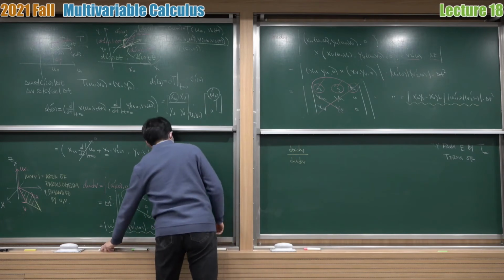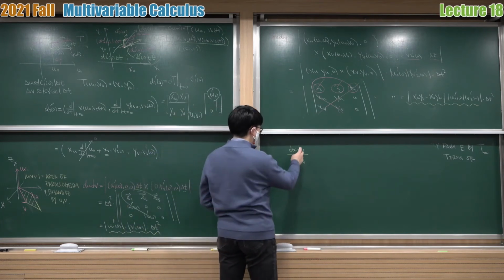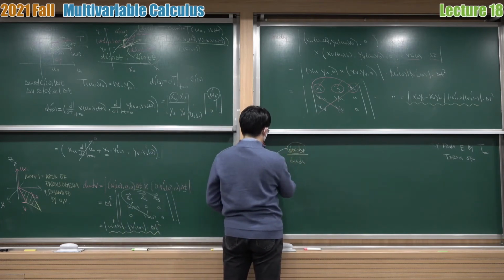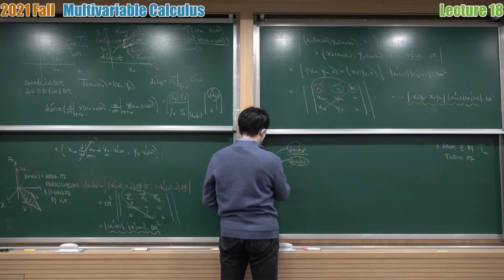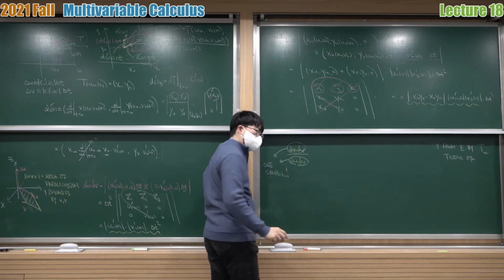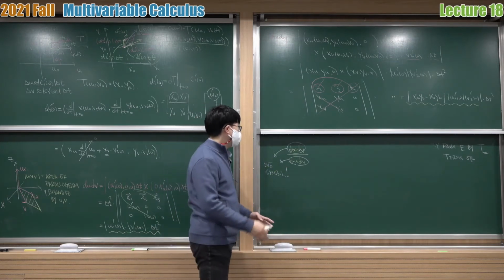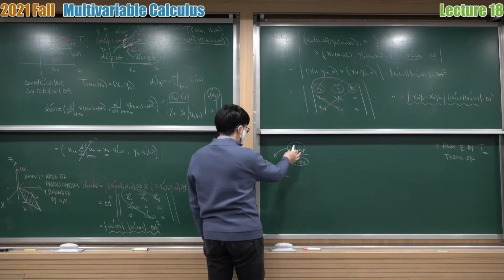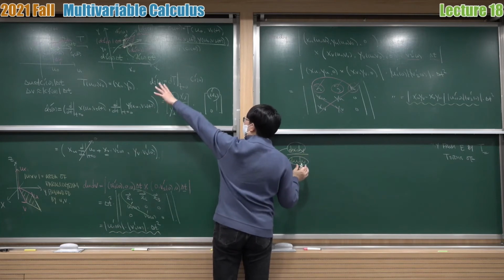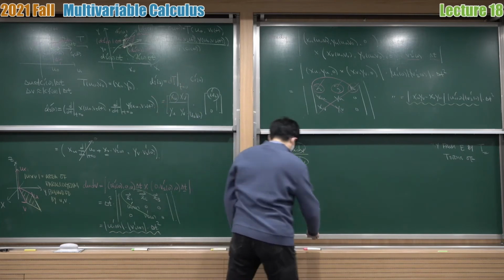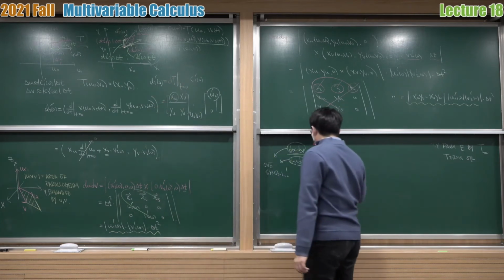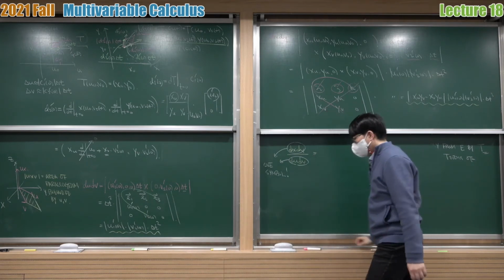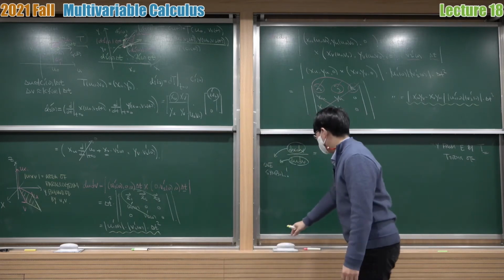So don't make a mistake: whenever I say this, it is one symbol. I'm not taking dx dy as dx times dy or any other meaning, just the area of this parallelogram. So that's equal to what?